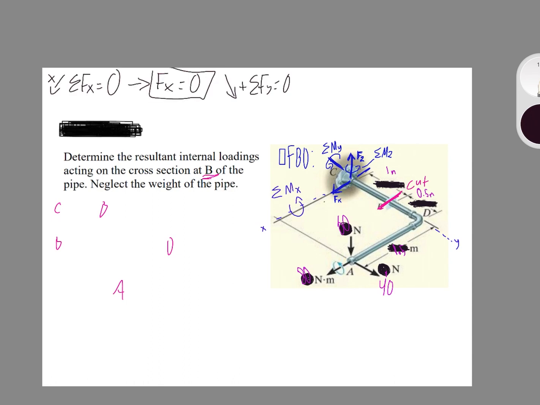Take the forces in X: the summation of Fx equals 0. So Fx will just equal 0. It's pretty simplistic. I'm going to take the summation of forces in Fy going in this direction. Let's find those.